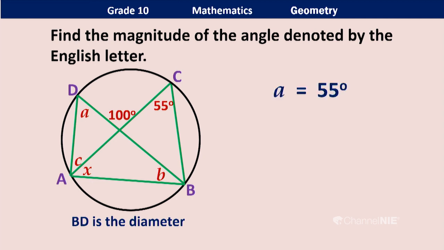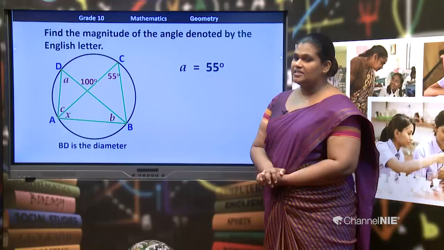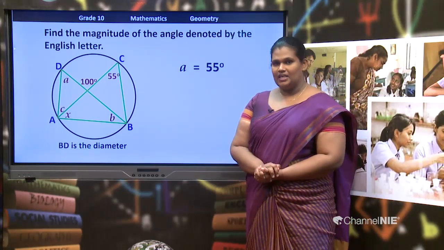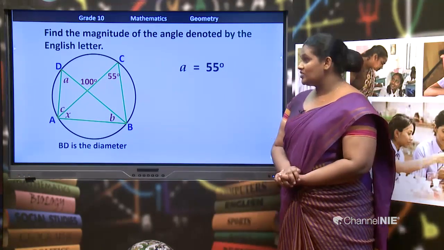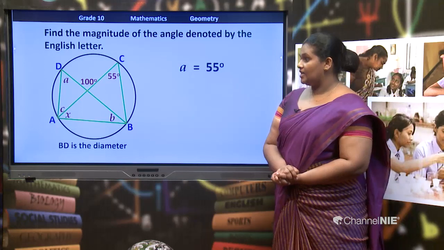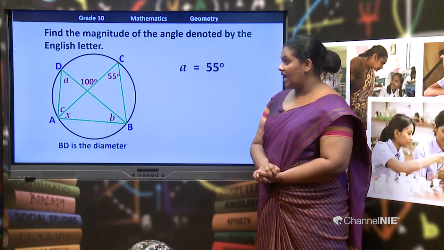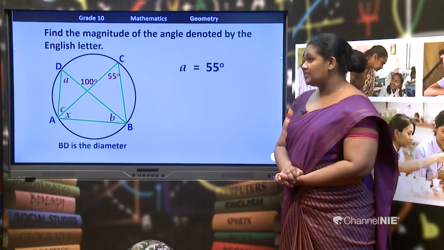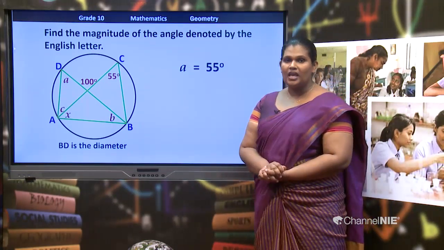First, we will get the magnitude of angle A. Previously, we have learned that the magnitude of the angles in the same segment are equal. Now, when you look at the question, you can see the magnitude of angle ADB and the magnitude of angle ACB should be equal.